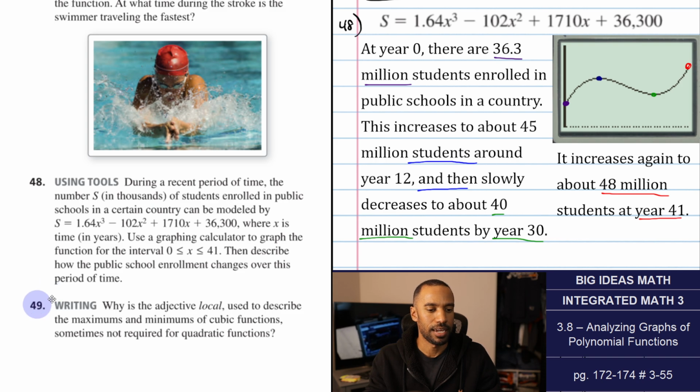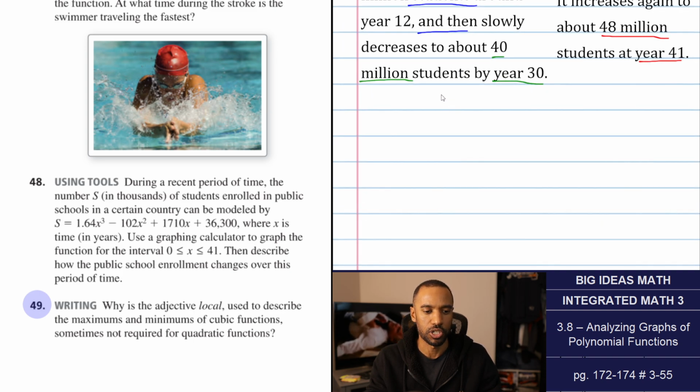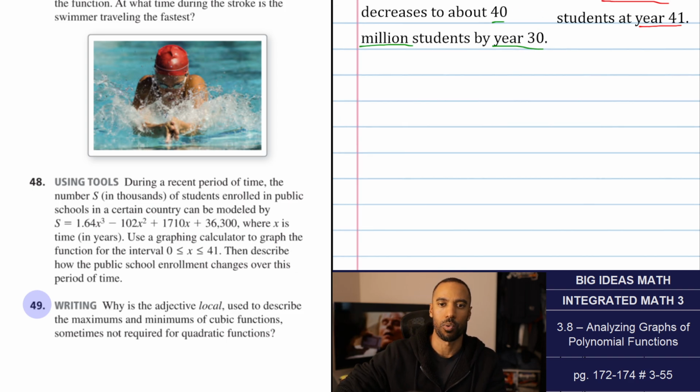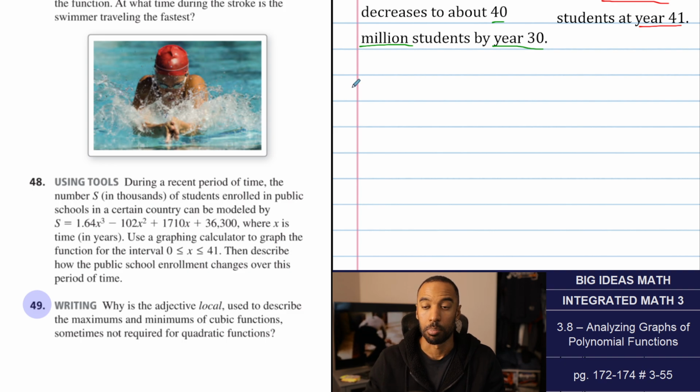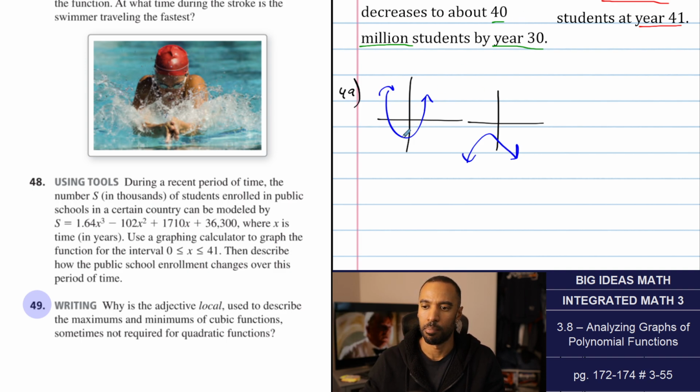Okay, number 49, writing. Why is the adjective local used to describe the maxes and mins of cubic functions? Why is the adjective local, which is used to describe the maximums and minimums of cubic functions, sometimes not required for quadratic functions? Well, I want you to recognize that a quadratic function, a parabola, like this one, or like this one, it has a max or a min, right?